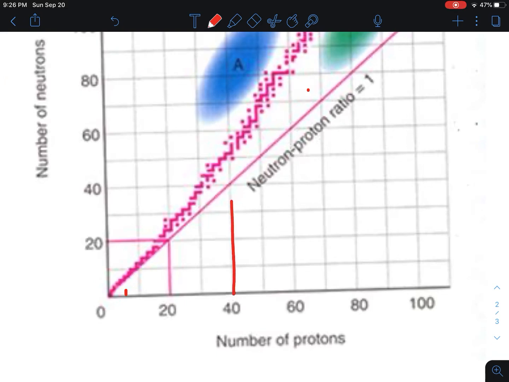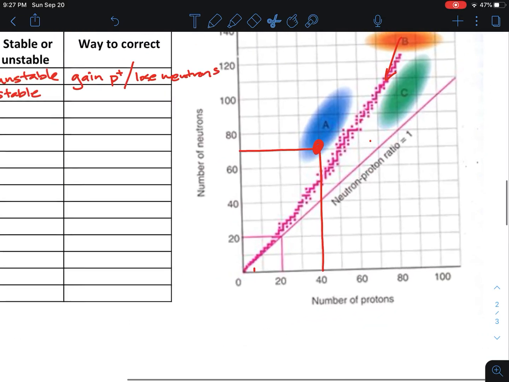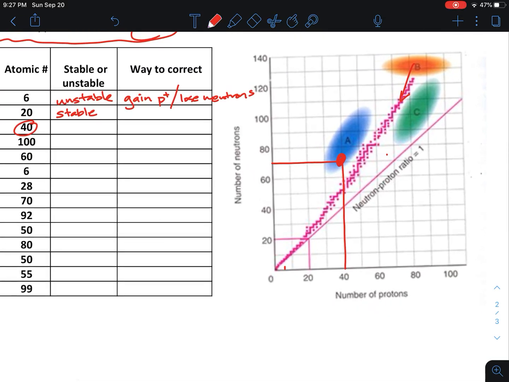I'm going to draw the line up to 70 neutrons. I'm in this range right here, and you'll note that that is not stable, because any of these dots here are the realm of stability. If I'm not along those dots, it's not stable. So this one is going to be unstable.